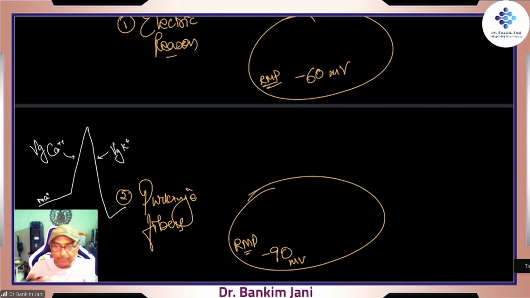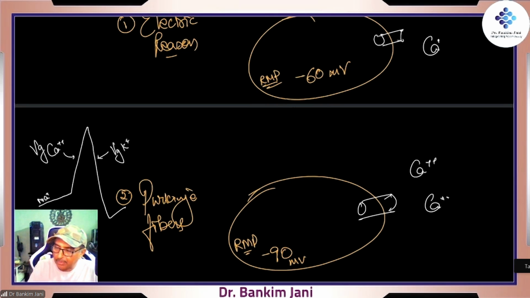The whole game was occurring when the calcium channels open. When the calcium channels open, calcium is positive, and outside the cell calcium is in large quantity. So the door is open.